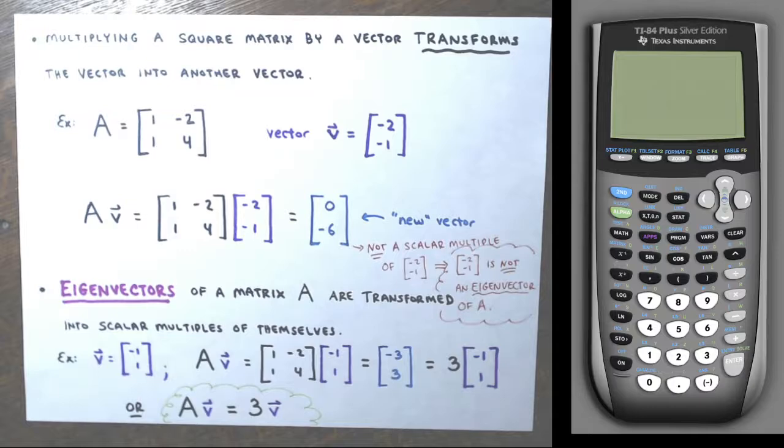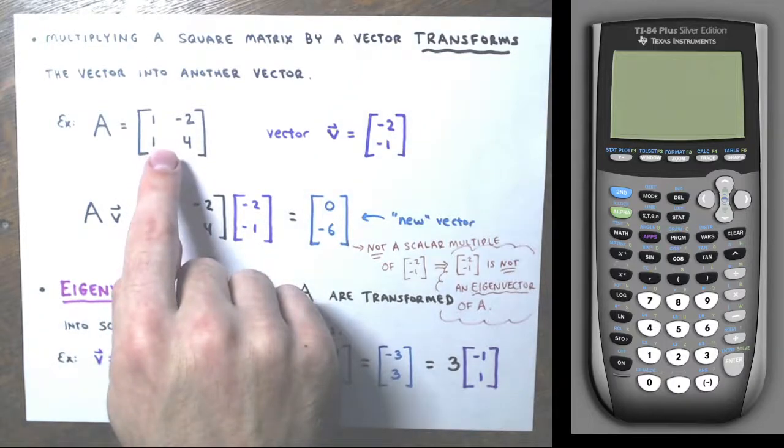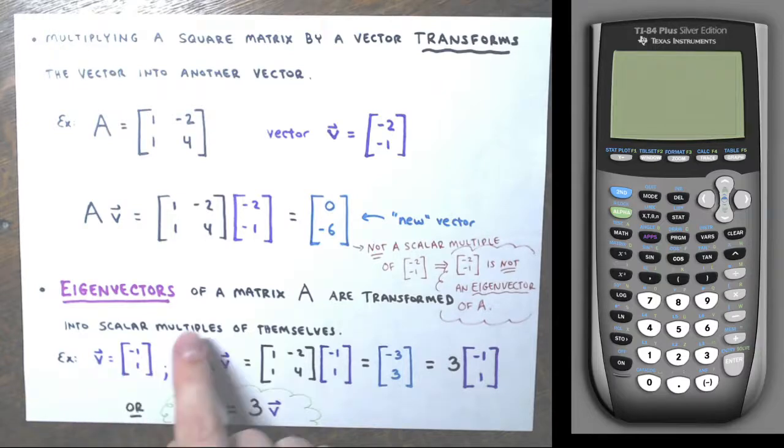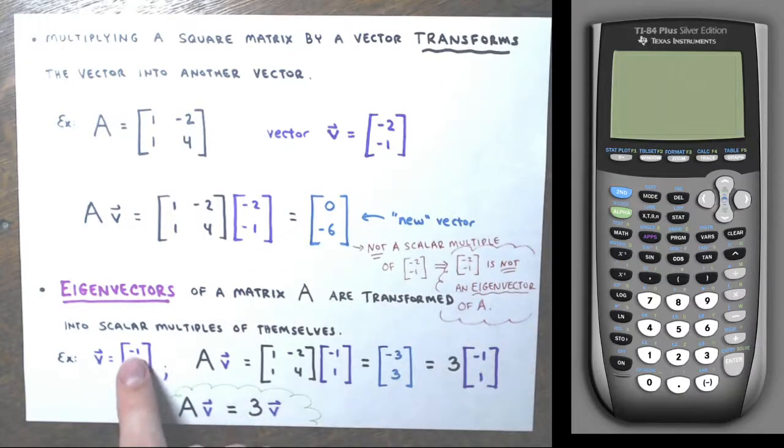So for instance, taking the same matrix A, and now this time my vector v is, instead of -2, -1, the vector -1, 1 from R2. I multiply by matrix A, so I take this matrix A that we had, multiply by -1, 1, 2 by 2 times 2 by 1, gives me an output vector. My input being -1, 1, the output, what it's transformed into or mapped to, is the vector -3, 3.